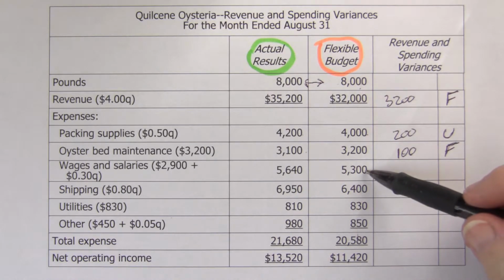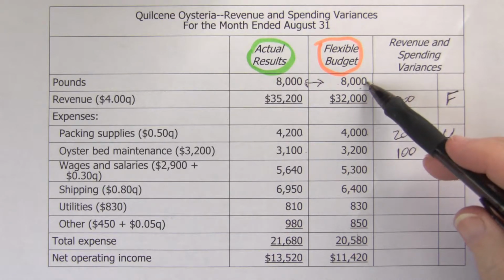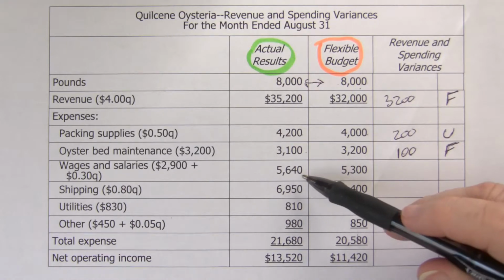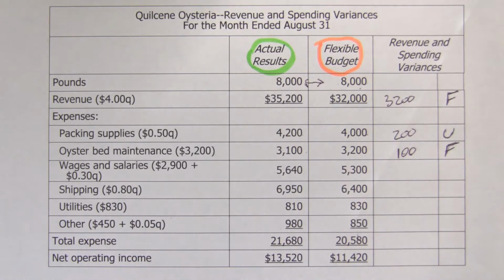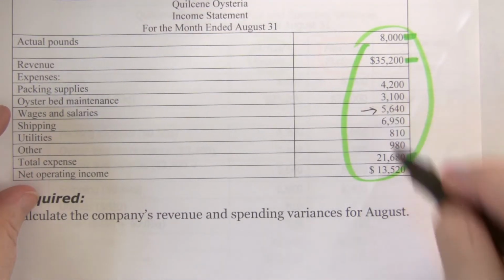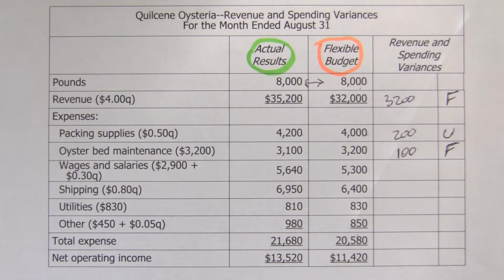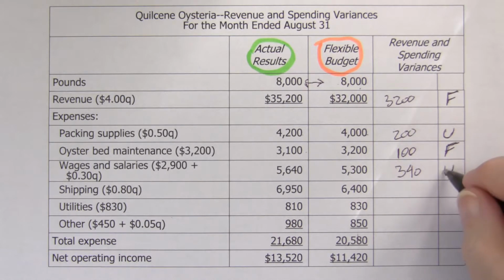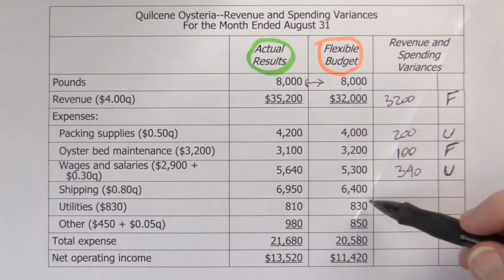We expected to spend $5,300 to harvest 8,000 pounds. We spent $5,640. And remember, those numbers came right off the income statement. So we spent $340 more than we expected. That's unfavorable.